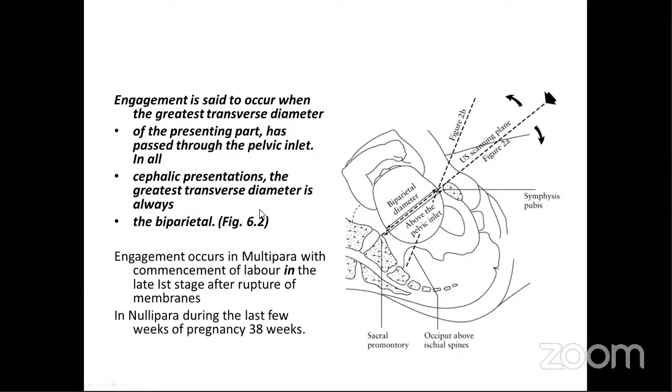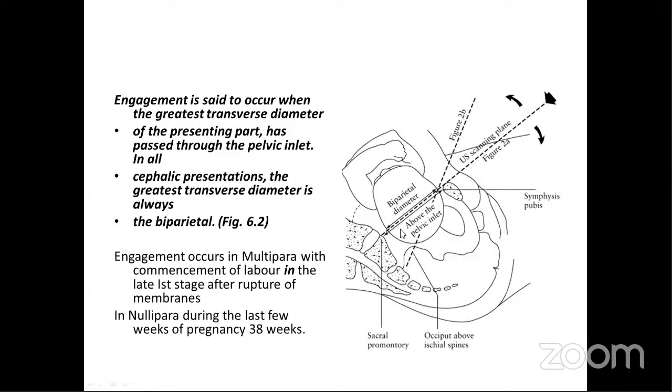So the greatest transverse diameter is always the biparietal diameter. Remember, whenever there is a cephalic presentation, the biparietal diameter is the largest transverse diameter of the fetal head, and if that passes the pelvic inlet or the pelvic brim, then we call it engagement of the fetal head has occurred, right? So this is what you have to understand.